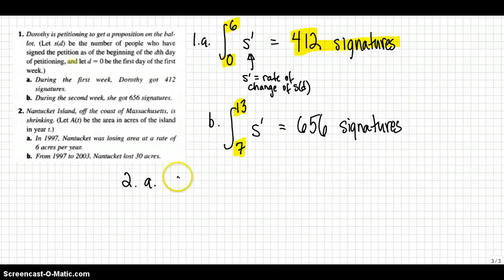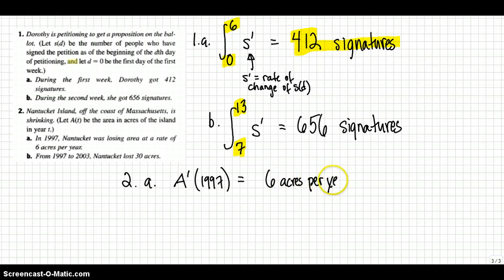It's going to be the derivative of the function A, the area function. They told us in 1997, so they tell us what goes in here, and then they tell us what A prime of 1997 is. It's losing area at a rate of 6 acres per year. So we've got 6 acres per year.